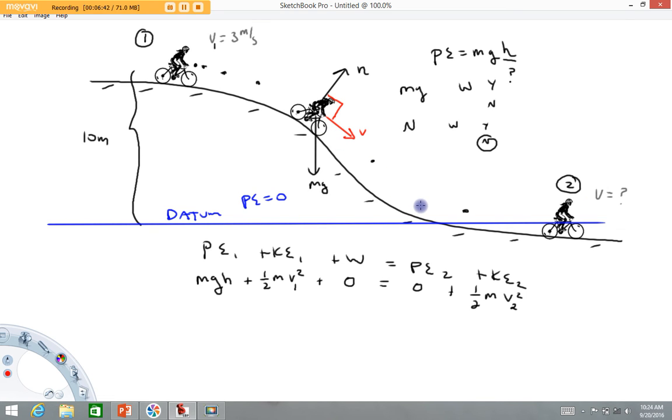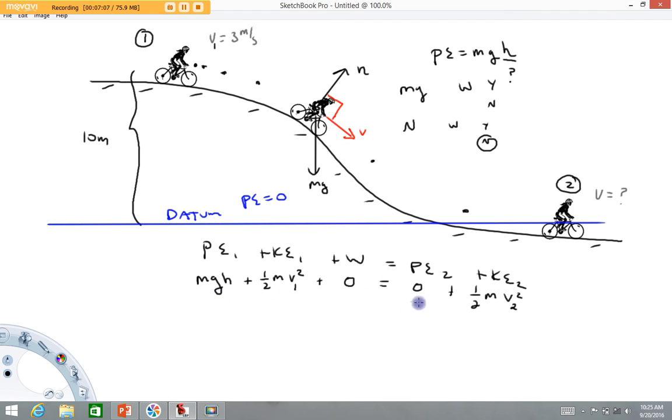If you see my video about forces that do work and forces that don't, in order for a force to do work, it has to have a component in the direction of motion. So because the normal makes a right angle to the velocity vector, it's not doing any work anywhere in this problem. So all forces are considered. There's no work term to add.